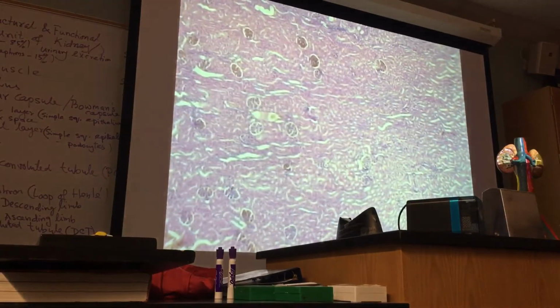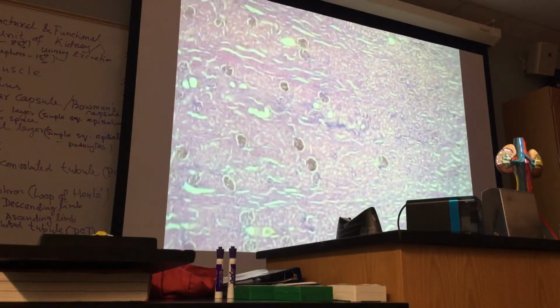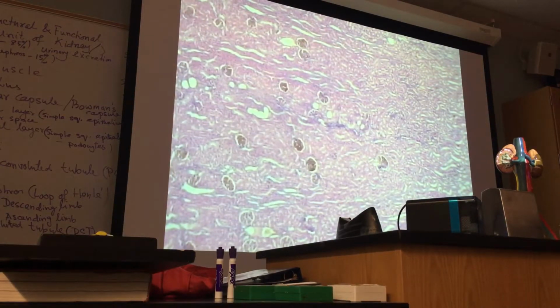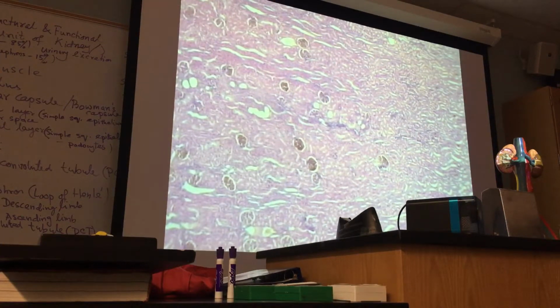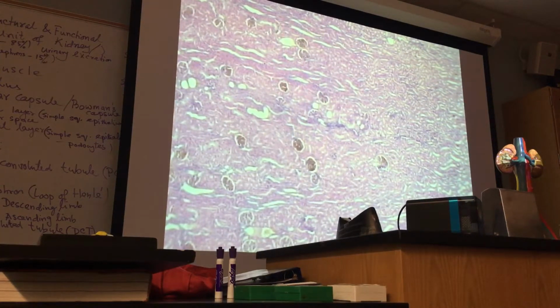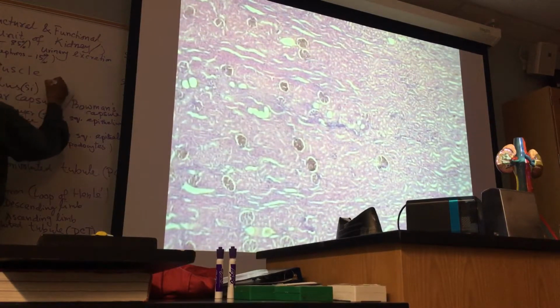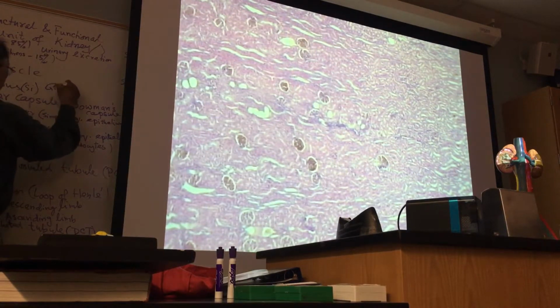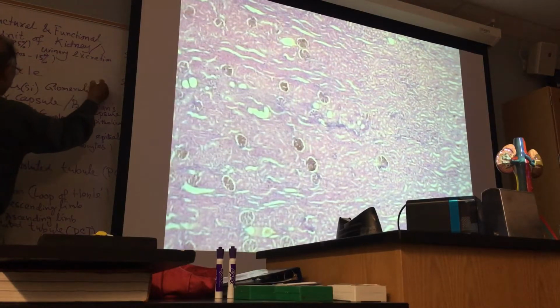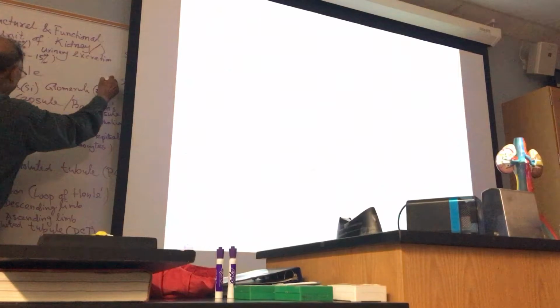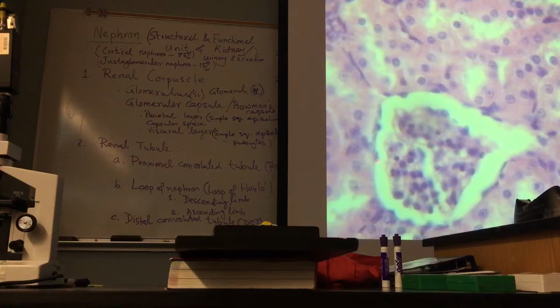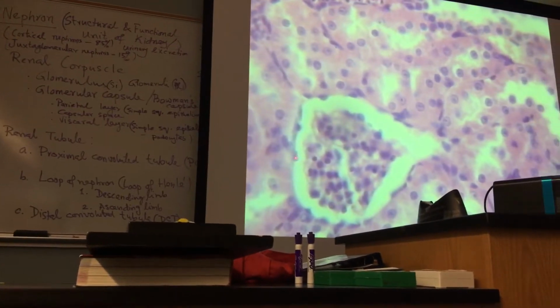We'll be looking at certain features of the nephron. Let me take you to some real good glomeruli. Now remember, glomerulus is singular, glomeruli is plural. One glomerulus, two glomeruli. These cells are flat squamous cells.